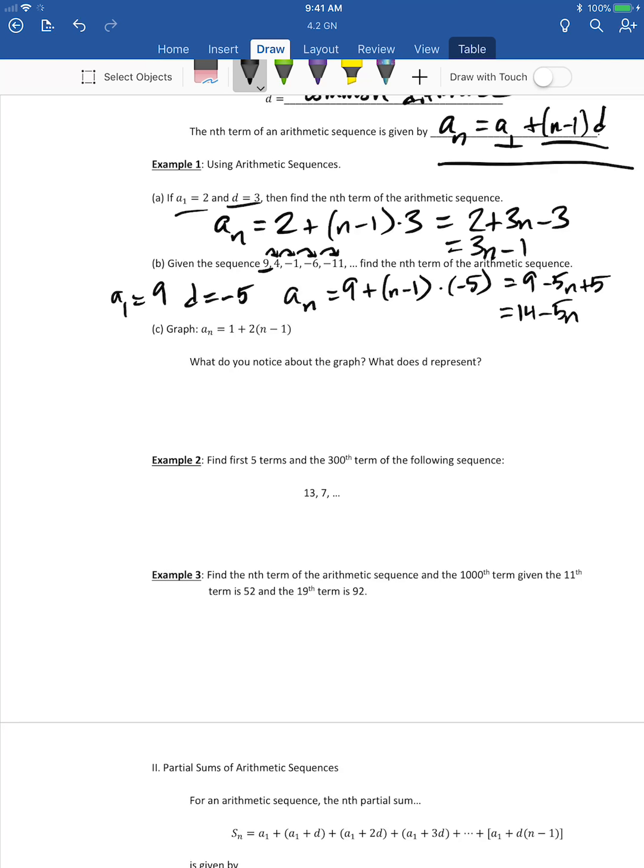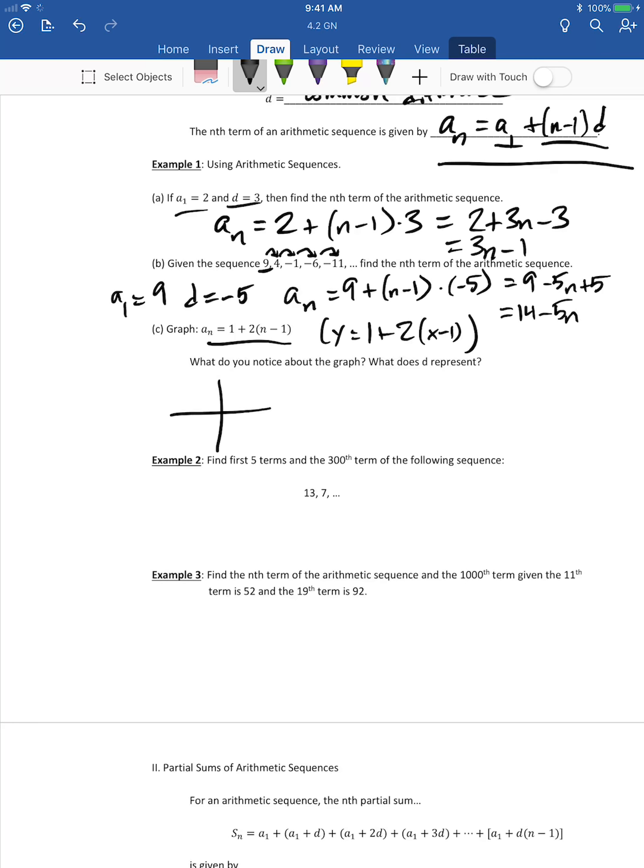All right, now letter C. We don't actually graph these very often, but I want us to understand what an arithmetic sequence is actually doing. So if I graph this, just take this simple example. Let's think if n equals 0, think of this as y equals 1 plus 2 times x minus 1.